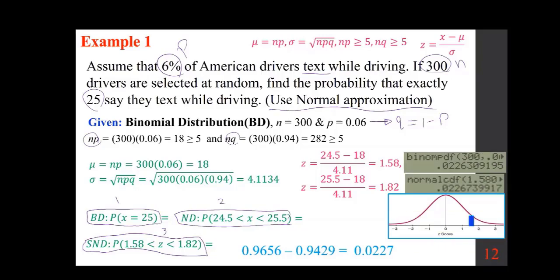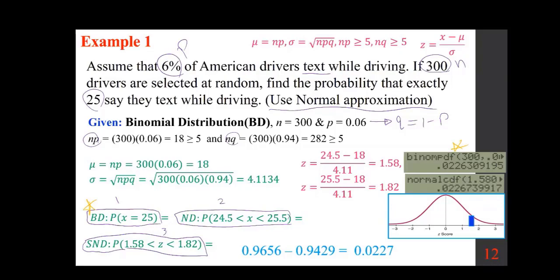If we were to use binomial distribution, because it's one point, we use binomial PDF. If it were between two points, remember, you would use a different one. So we use PDF because there's only one value.